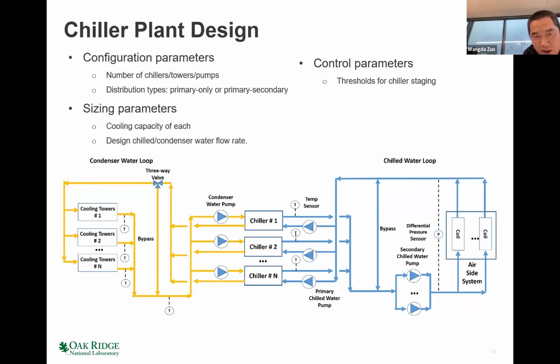And are you able to change the control sequence? It's not the control sequence; we predefine the control architecture, but you can use parameters to adjust it. For example, if you have two chillers, then the state machine may only have three states. But if the chiller number increases, then the controller will automatically adjust its internal sequence. Okay, good.